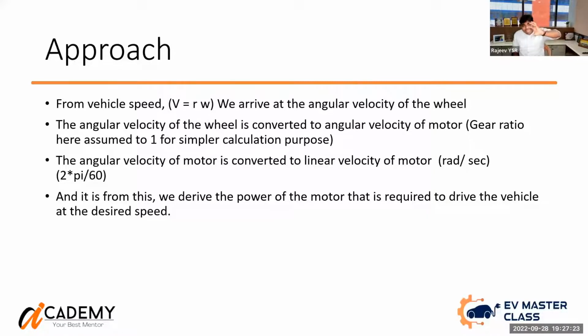Now, this angular velocity of the motor is further converted into linear velocity, that is, into radians per second, which I am going to talk about in a moment. Now we know the speed at which it is moving, we know the force that is required to move, so we have the angular velocity and we also have the torque, and from this we derive the power of the motor that is required to drive the vehicle at a desired speed.